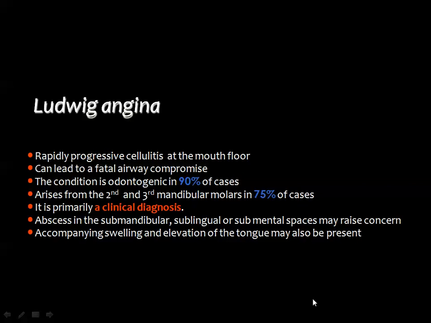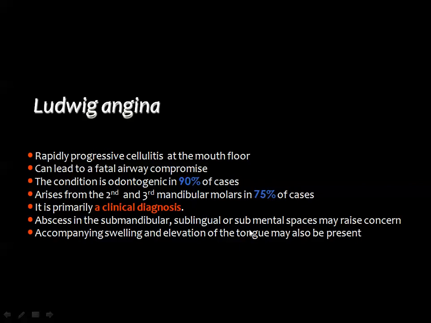Then we came to the Ludwig angina, and this is an inflammatory, rapidly progressive process involving the mouth floor, leading to soft tissue edema of the tongue and mouth floor, and this will lead, of course, to rapid airway compromise. And this process may be fatal if not managed thoroughly, and most of the cases are usually related to odontogenic infection.